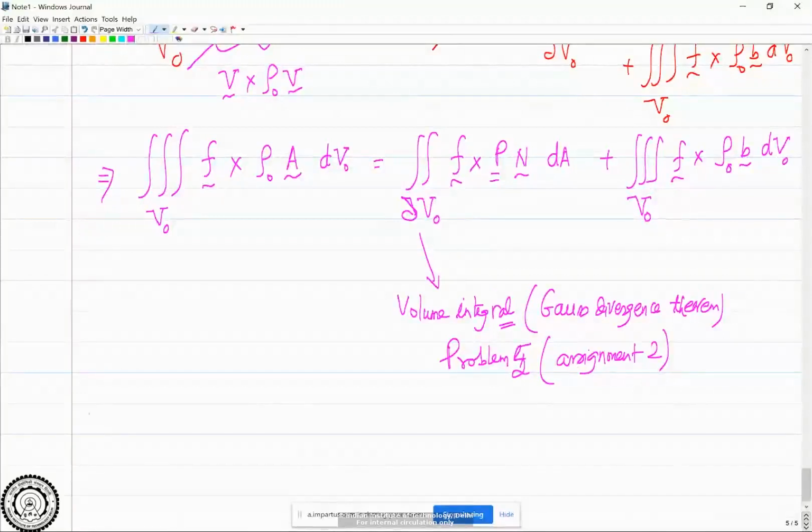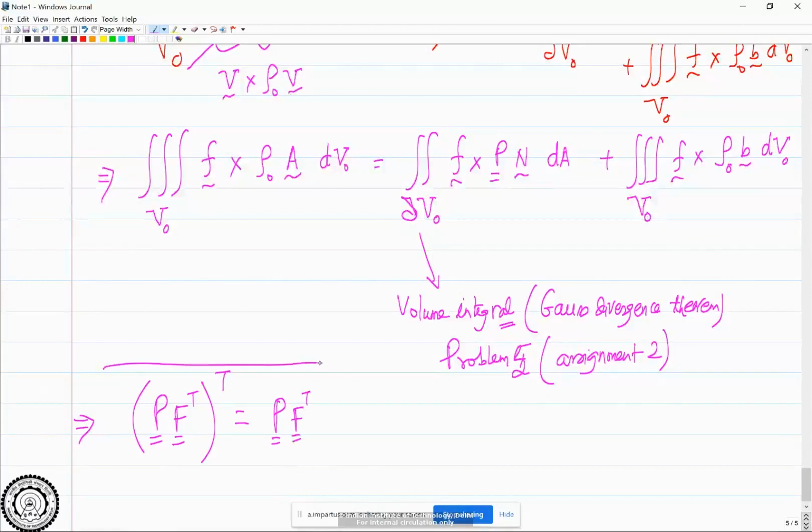Finally what you get is that PF transpose, the transpose of this, is the same as PF transpose. So that's the A and B, the Lagrangian form of A and B.